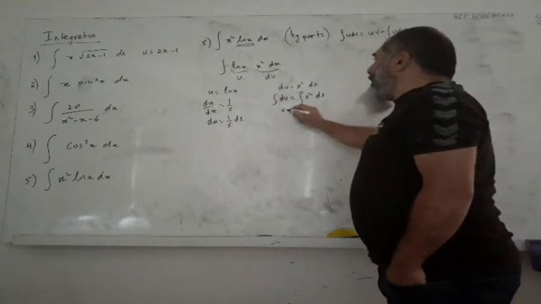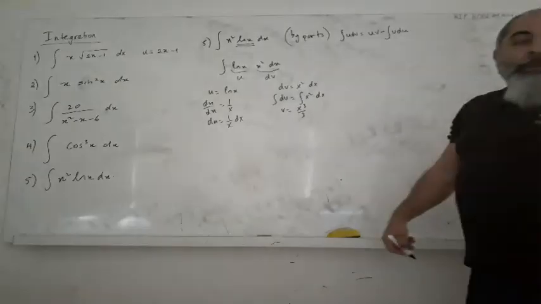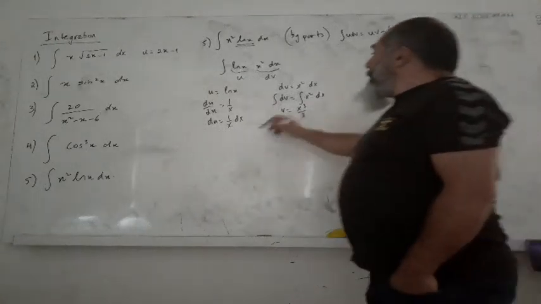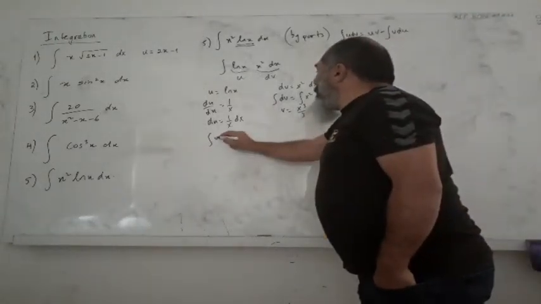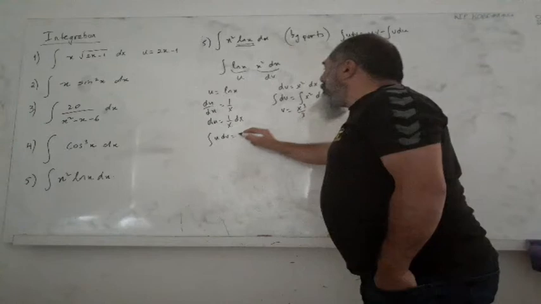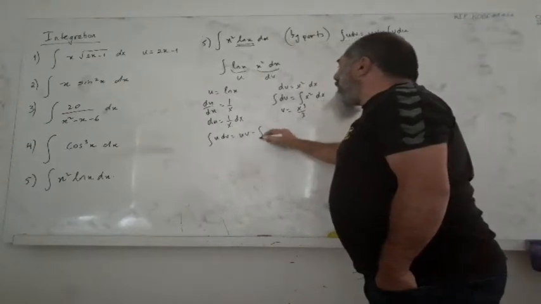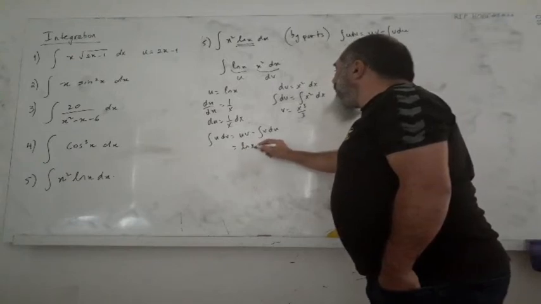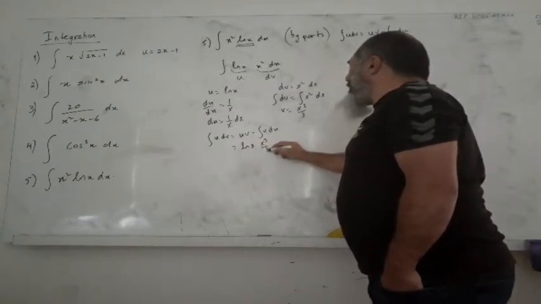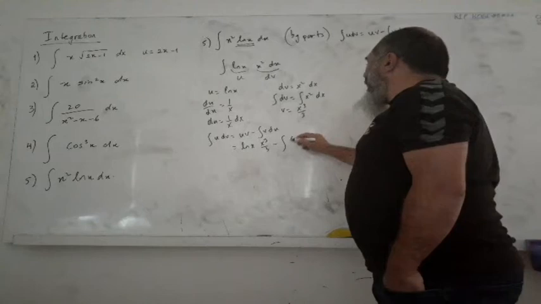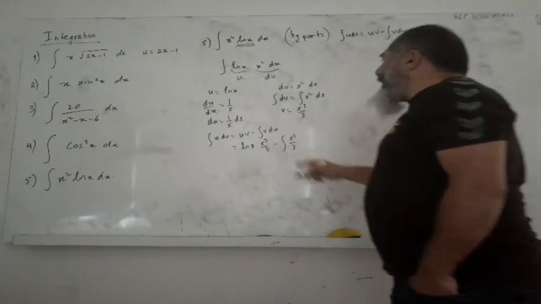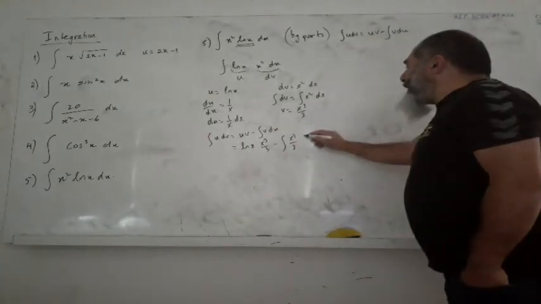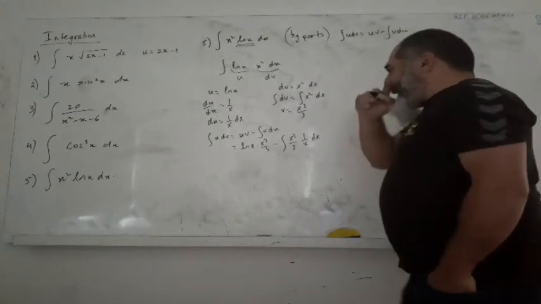So the integral of u dv is uv minus the integral of v du. u is ln x, v is x cubed over 3, minus the integral of x cubed over 3 for v, and du is 1 over x dx.